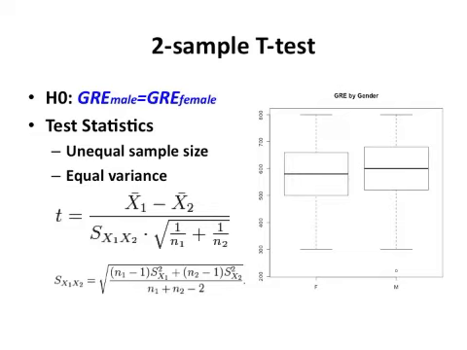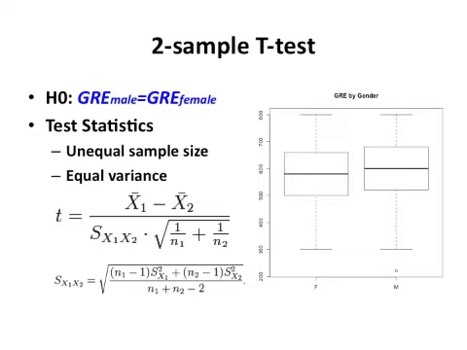So this difference, depending on the scale, some tests use a scale up to 800, some tests maybe up to 100. So you need to normalize this difference by dividing by the standard deviation of this difference. This difference, x1 bar minus x2 bar, has a variance.